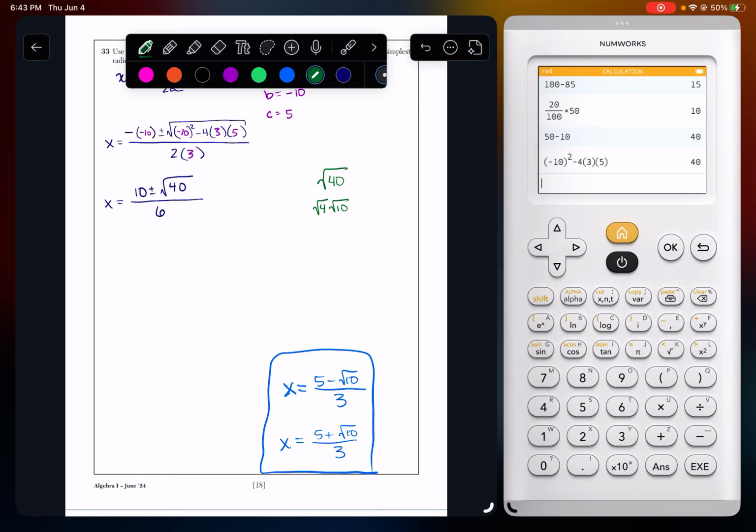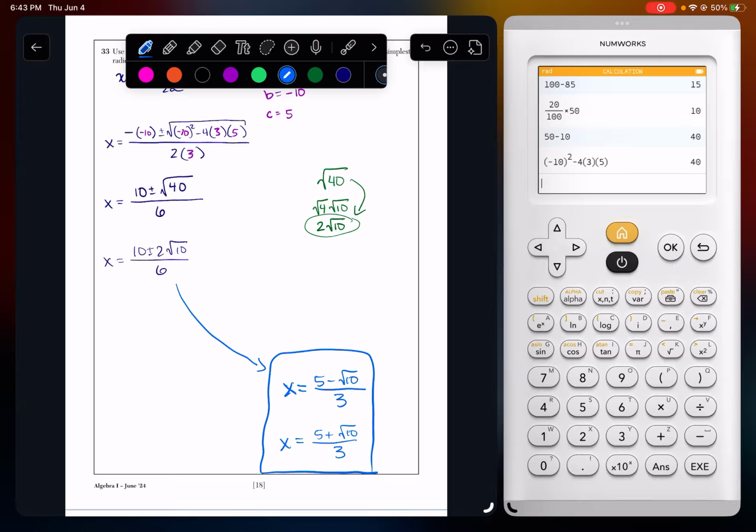Because we know eventually we're going to get down to the square root of 10, not the square root of 40. And the square root of 4 is just 2, because 4 is a perfect square. So that square root of 40 I could replace with 2 square root of 10, giving 10 plus or minus 2 radical 10 over 6. And that is how we end up at our final answer.